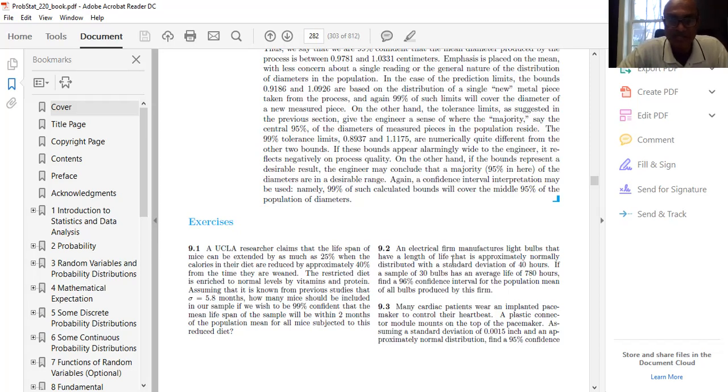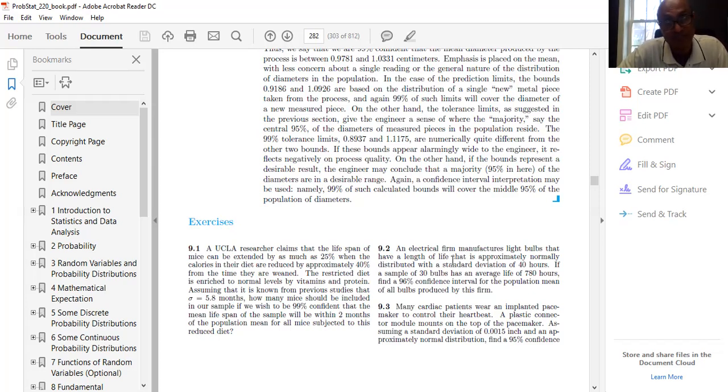The restricted diet is enriched to normal levels by vitamins and proteins. Assuming that it is known from previous studies that sigma equals 5.8 months. How many mice should be included?